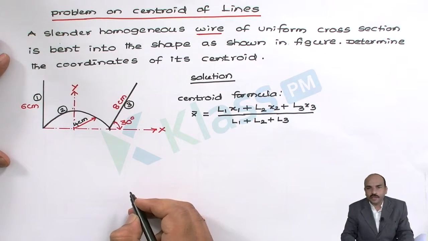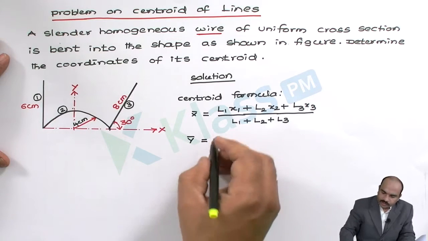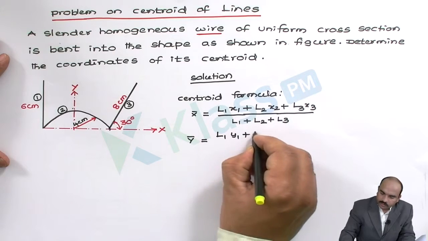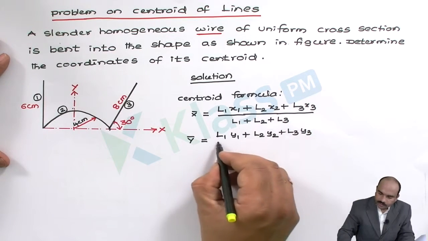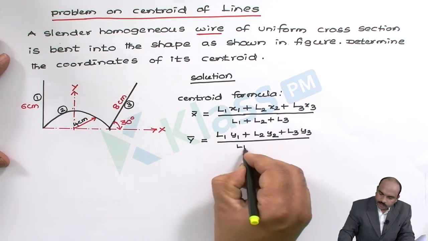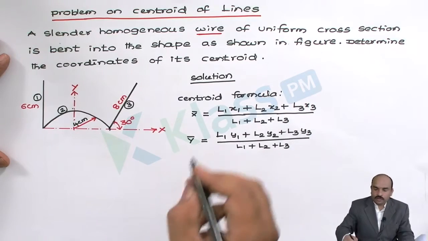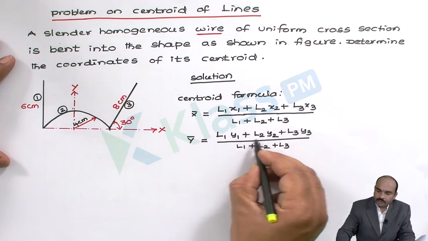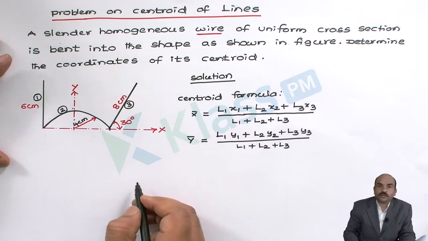So this is the formula for the x centroid. Similarly, the formula for the y centroid is L1 y1 plus L2 y2 plus L3 y3 by L1 plus L2 plus L3. Now for x bar we will write all x values, and for y bar we will write all y values. So let us calculate all the values separately.